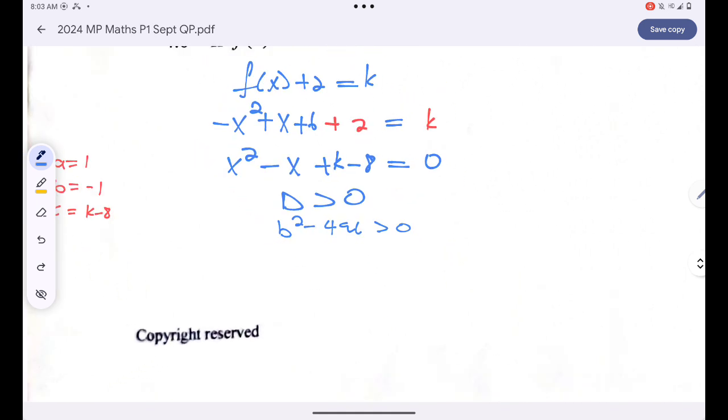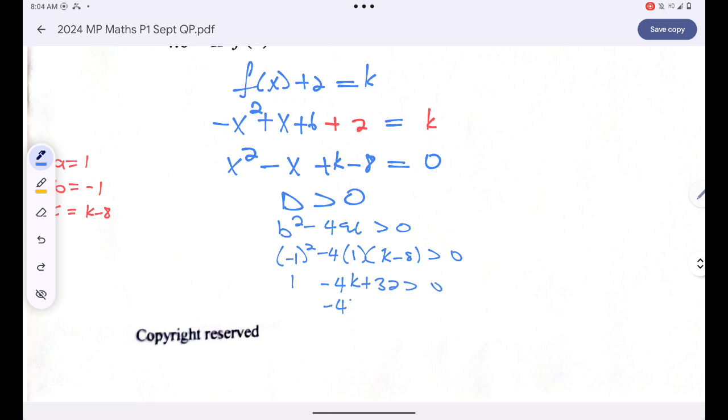So I just need to substitute. B is equal to negative 1, a is equal to 1, and c is k minus 8, and this is greater than 0. So that's 1 minus 4k plus 32 is greater than 0.